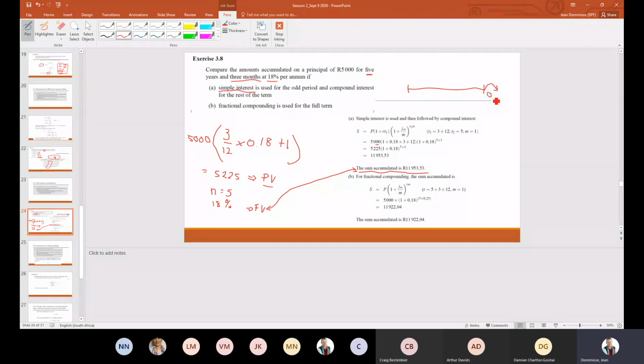Some of your calculators use the fraction, and some will show it as a decimal, depending on what your calculator is doing. So your period is for 5 years plus the 0.25. So your fractional compounding period will be 5.25.